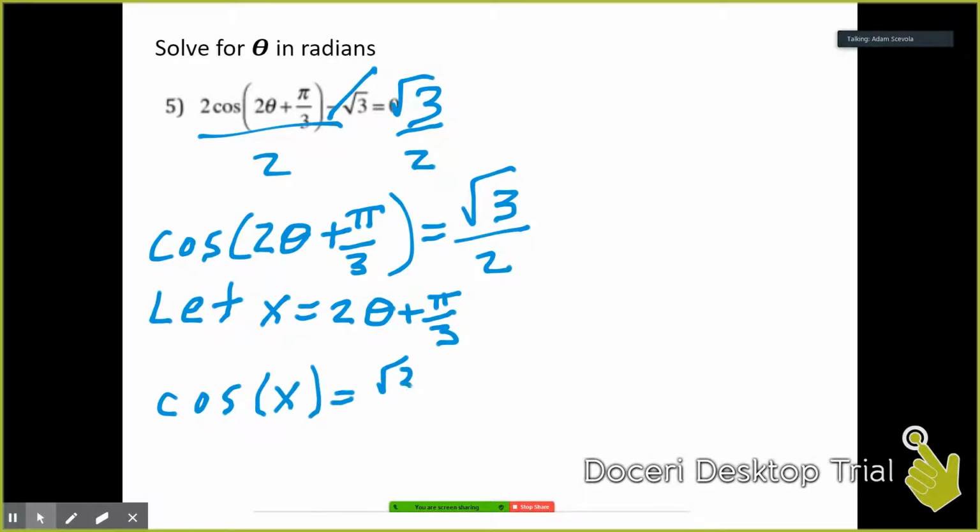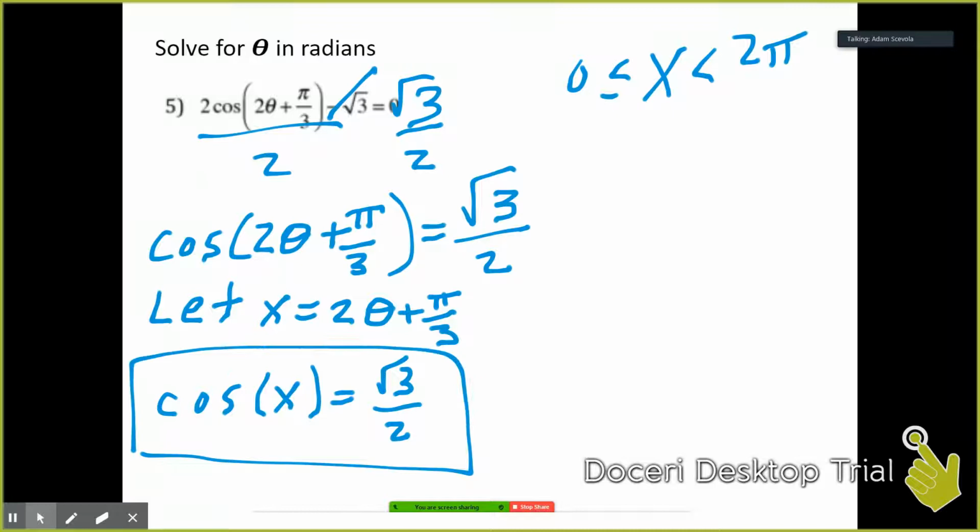And let's just find all the angles between 0 and 2 pi that make this true. So what angles between 0 and 2 pi would satisfy this? All right, and then we'll figure out what it is in terms of theta.